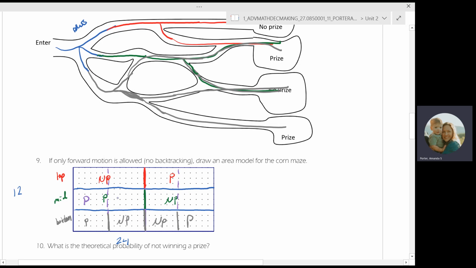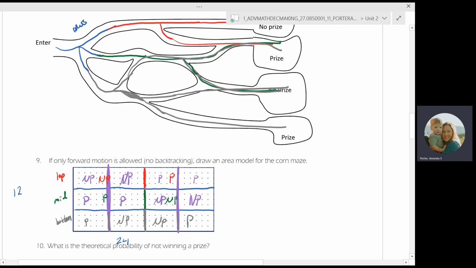And I think of them as both of those are P's and both of those are no P's. And both of those are P's and both of those are no P's. And there are my sections. If you need to do a full line to make it more obvious, that's perfectly fine.